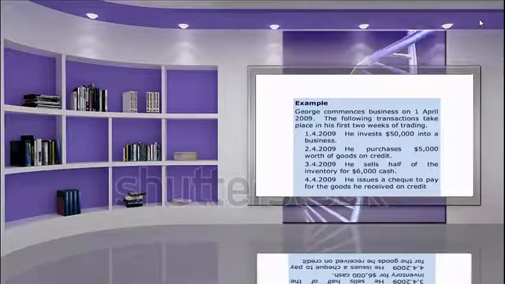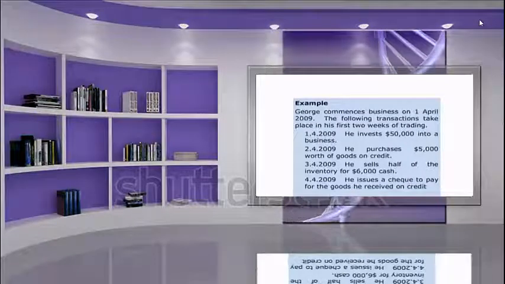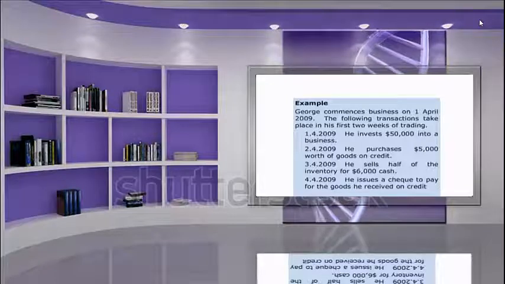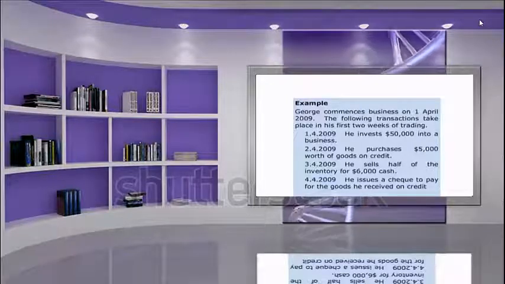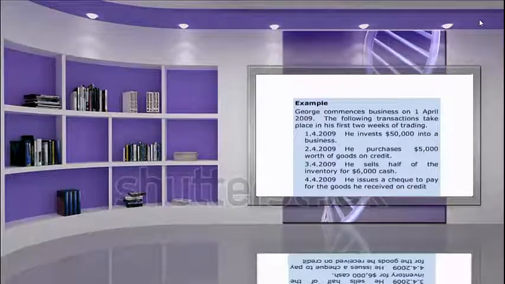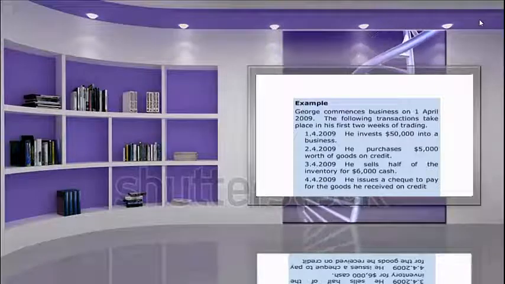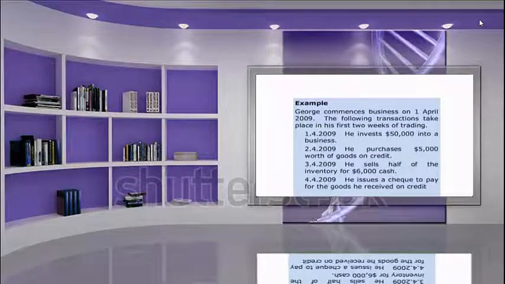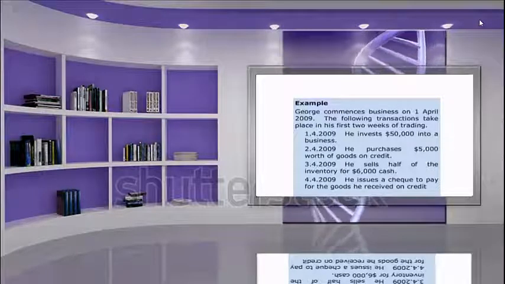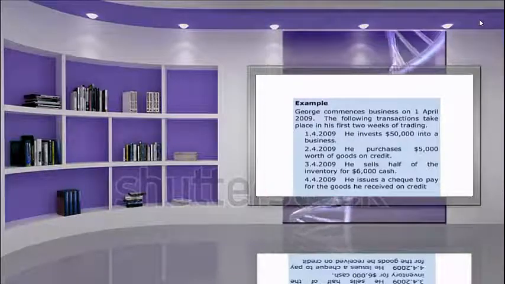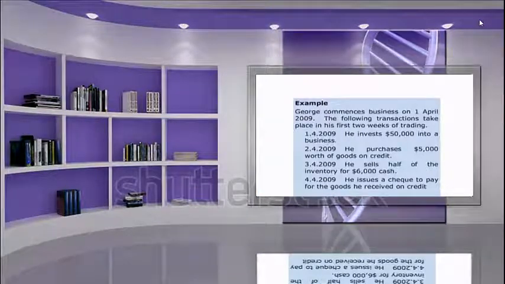Our third transaction. On the 3rd of April 2009, he sells half of that inventory for $6,000 cash. So what we need to think about here is recording the sale of goods, the sale of inventory.